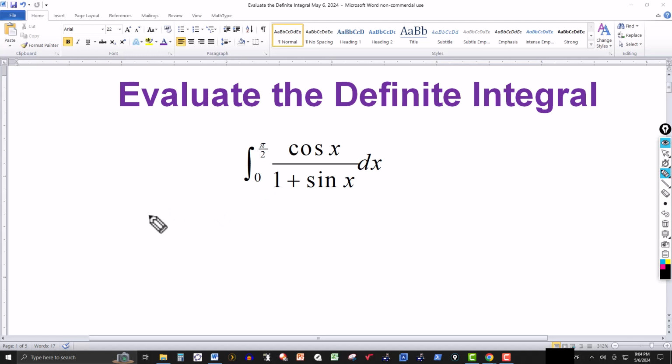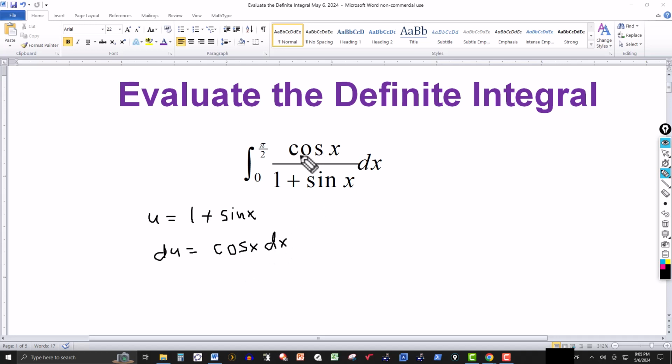So let's start off by selecting u to equal 1 plus sine of x. Then take the derivative of both sides. On the left side I put du. On the right side, the derivative of 1 is 0, and the derivative of sine of x is cosine of x, which also gives me the dx here.